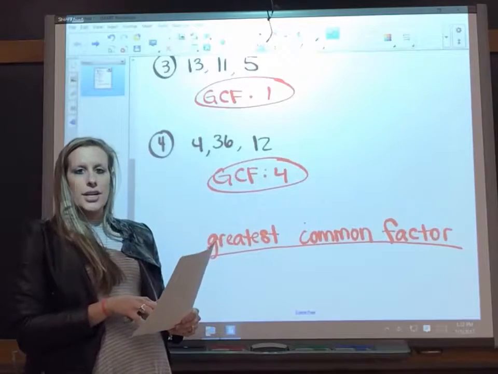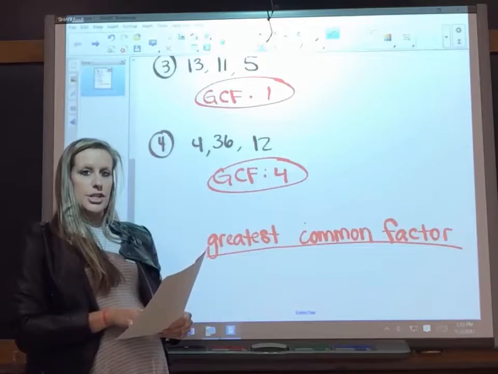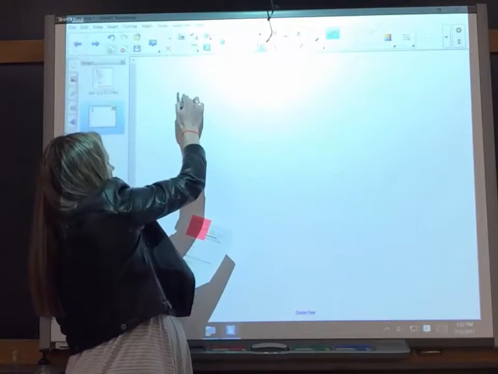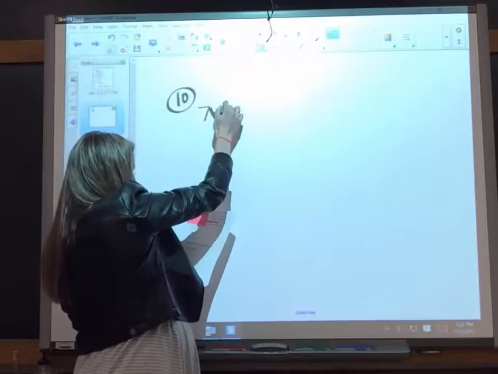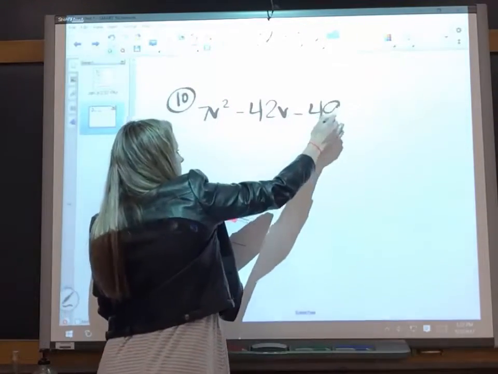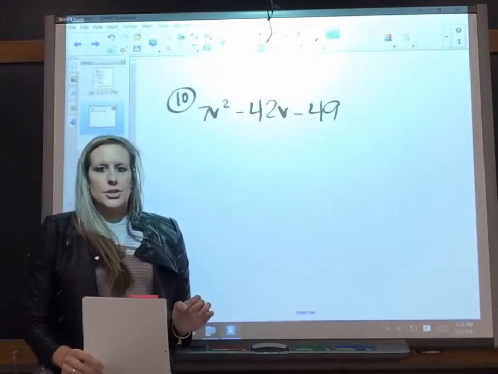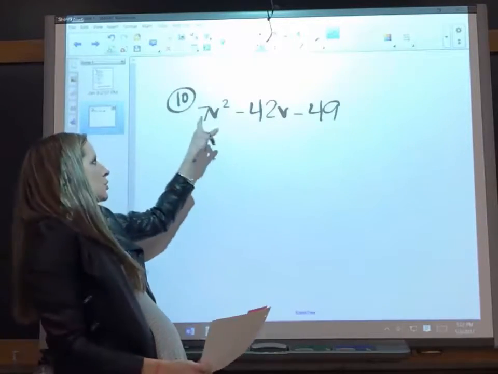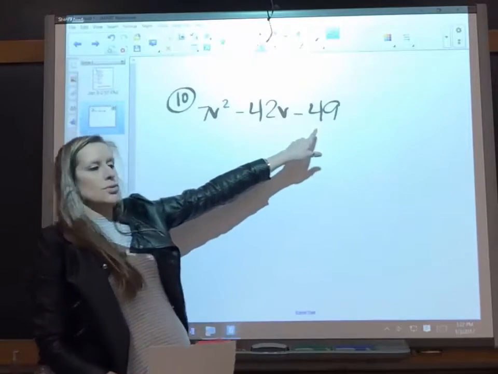On the next three, this is what you're going to do on your worksheet. So, number 10, we have 7b squared minus 42v minus 49. What we want to do is see, do we have a greatest common factor between 7, 42, and 49?